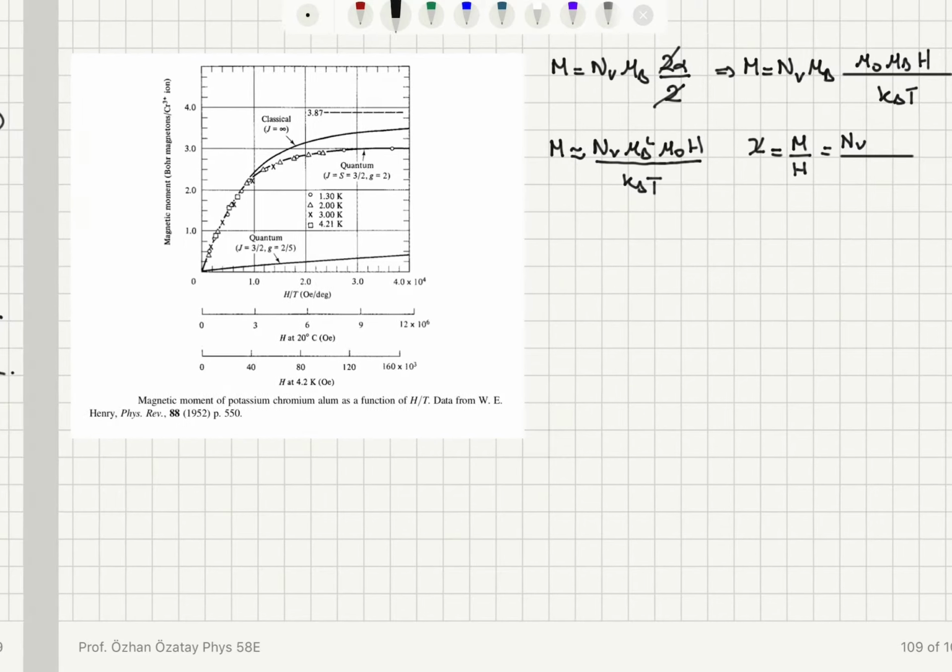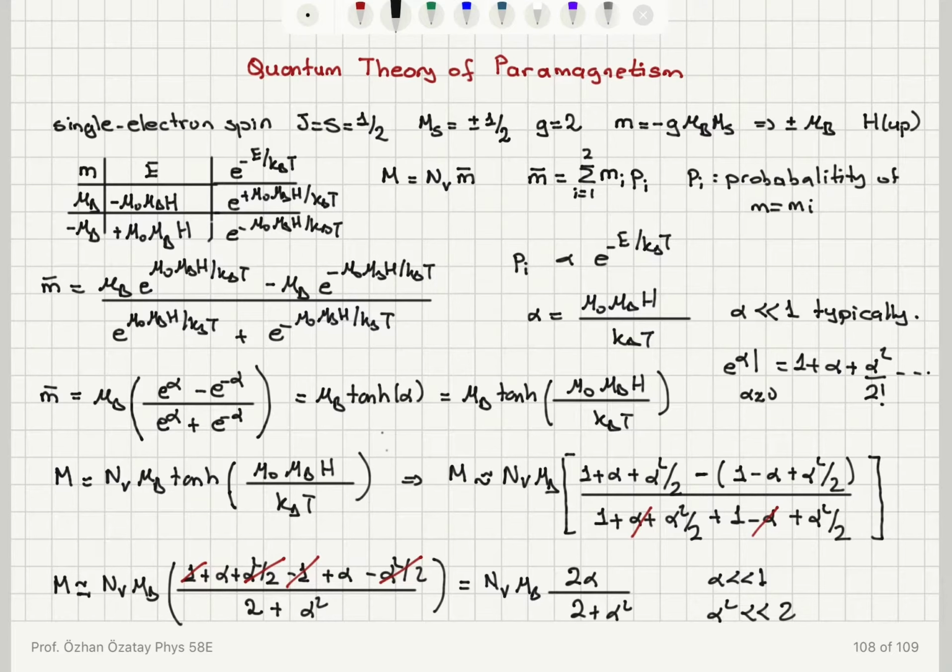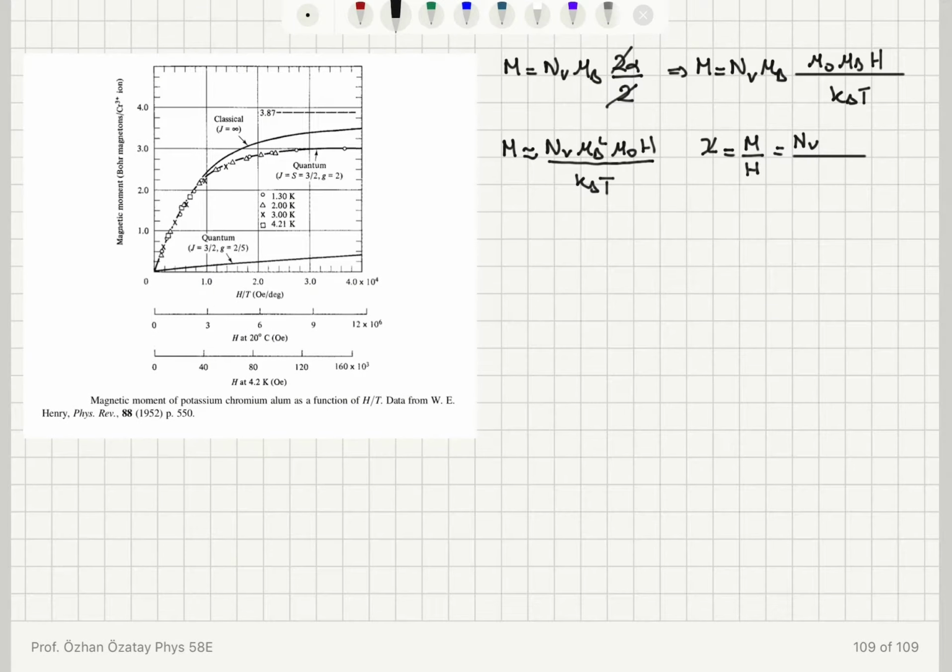Now mu b squared, so mu b is the value of m basically, so it's the value of m square, magnetic moment of the spin squared, multiplied with mu 0 divided by kBt.